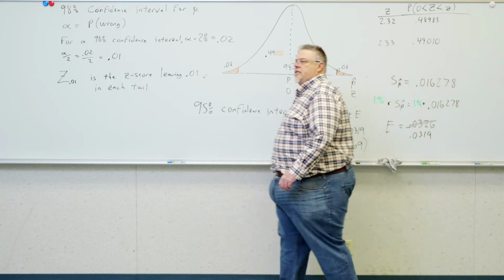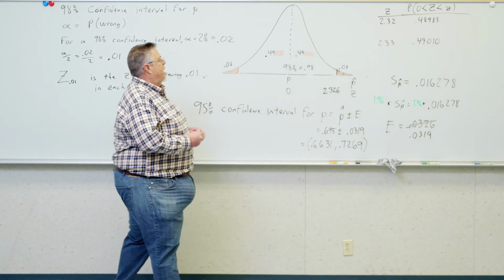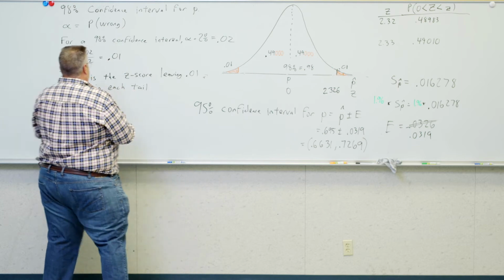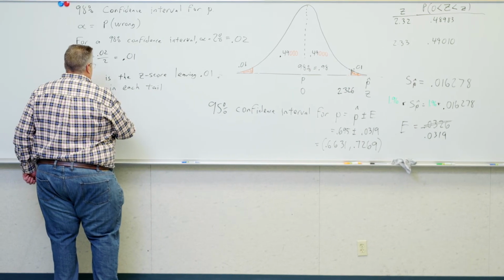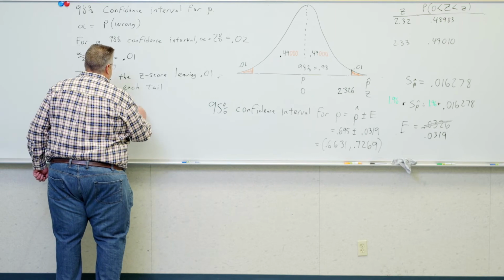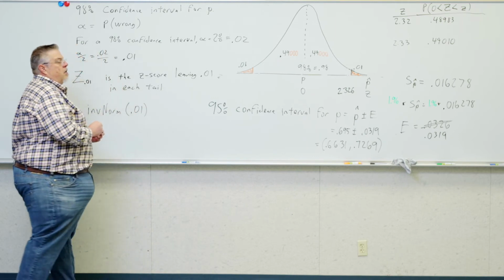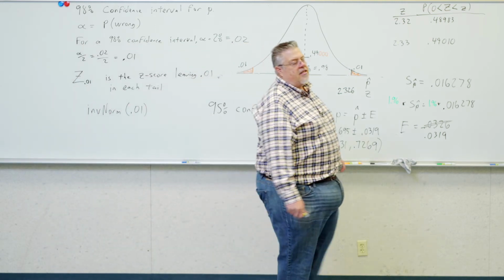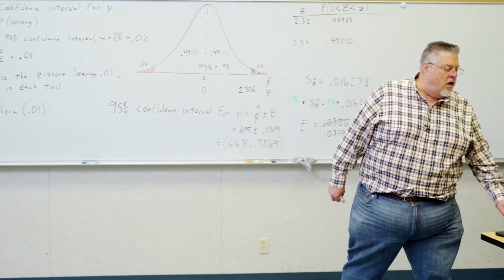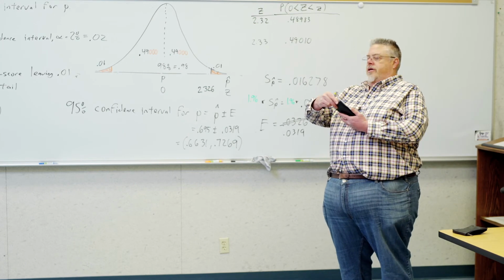The other way to get this number is using your calculator. If you ask your calculator for inverse normal 0.01, you're asking your calculator, hey calculator, find me the z-score that leaves 1% in the lower tail.